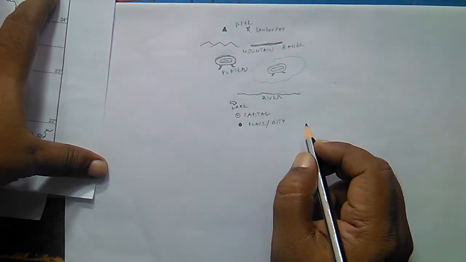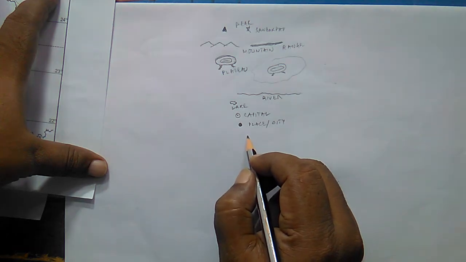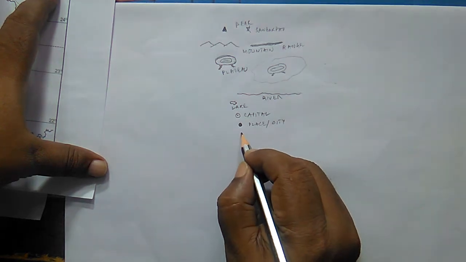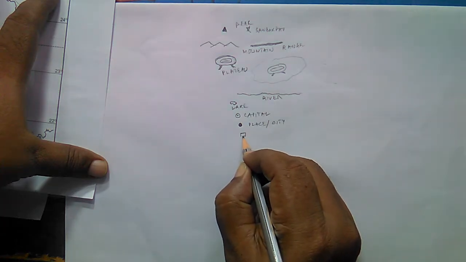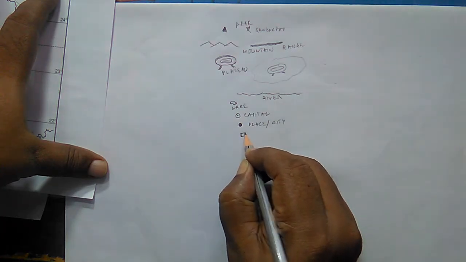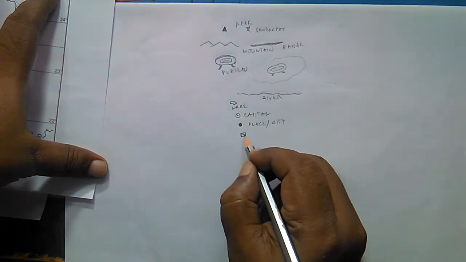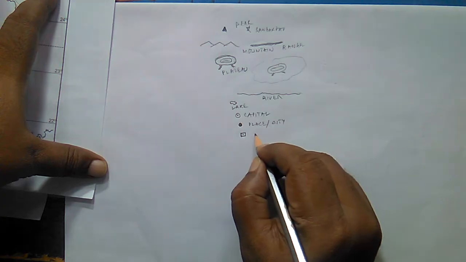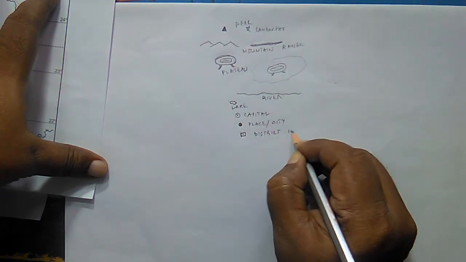In West Bengal especially, you may be asked to show some district headquarters. For example, Barasat. District headquarters normally are shown as a square with a dot inside it. Here there is a circle, this is a dot inside a square, that is district headquarters.